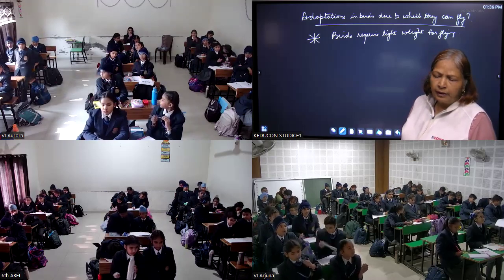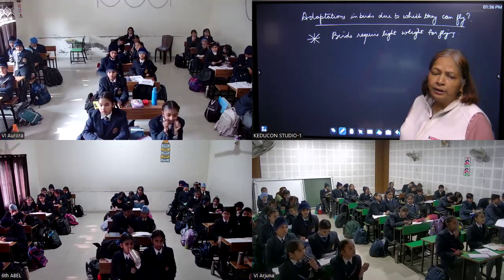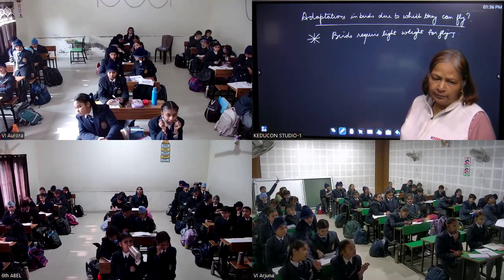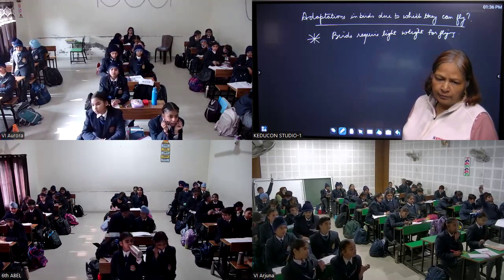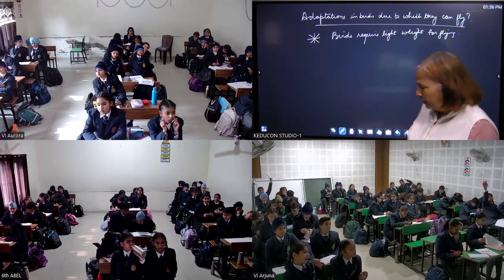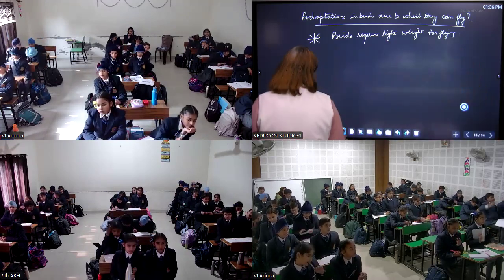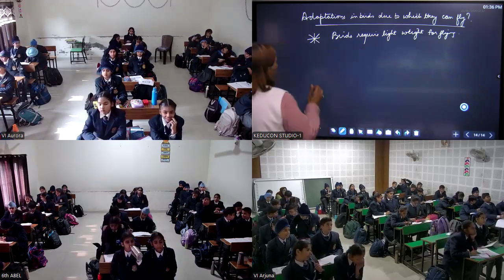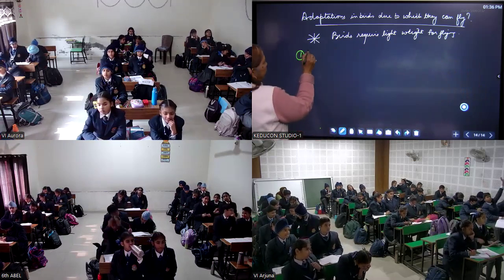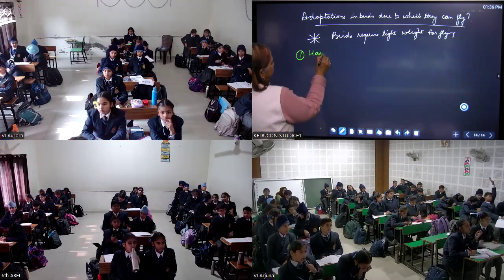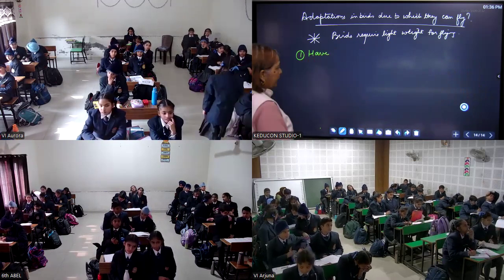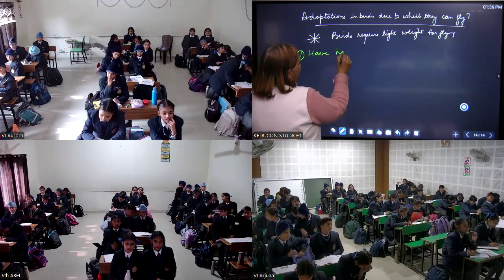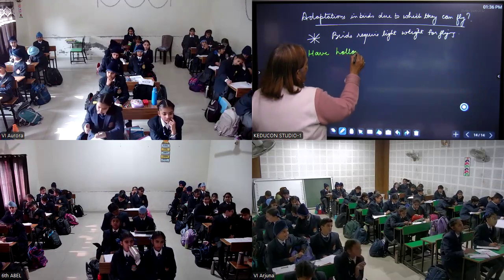What are the adaptations in birds due to which they can fly? Ma'am, they have hollow bones which make their weight lighter. Which bones? Hollow bones. What are those hollow bones called? Never mind, I will tell you. They have hollow bones.